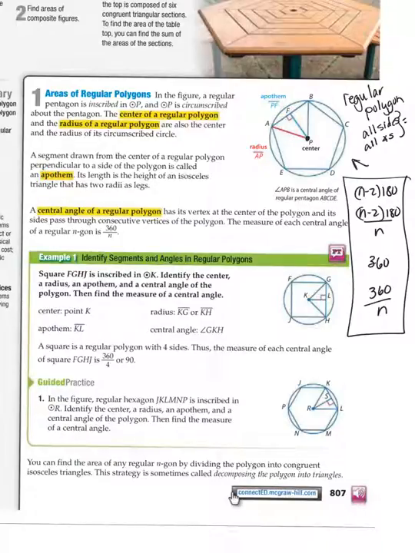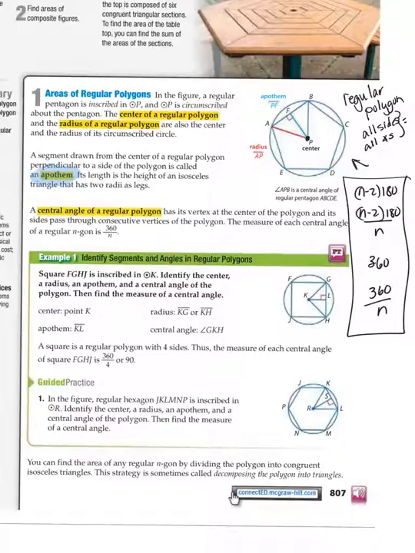I meant to highlight it. There we go. Different generations call it different things. The generation that I'm in, most people call it apothem, but before me, my teachers and older teachers that I've taught with over the years have called it apothem. So we're going to accept both, and I will use it interchangeably.